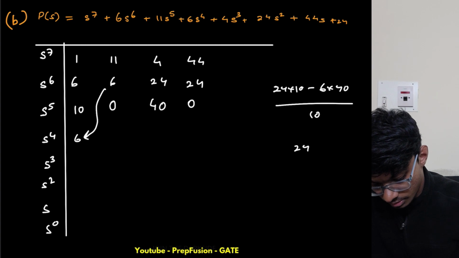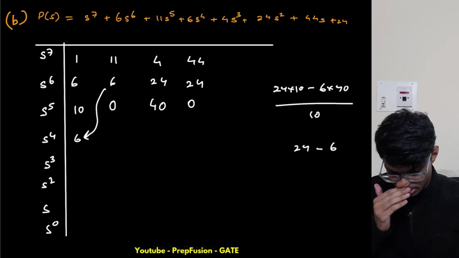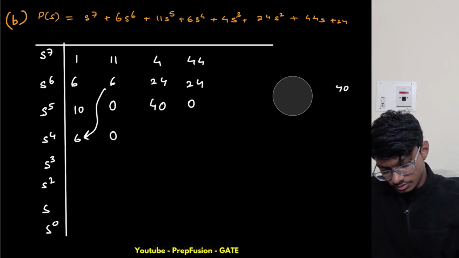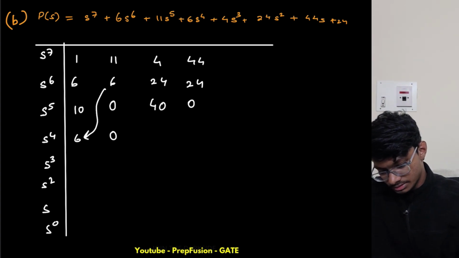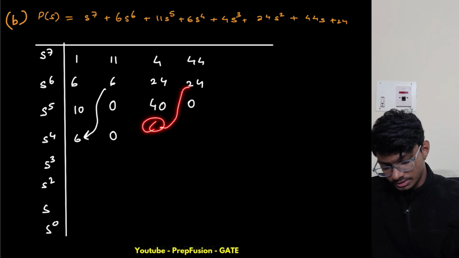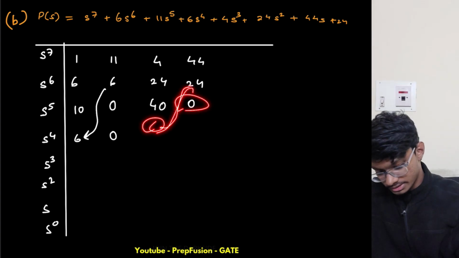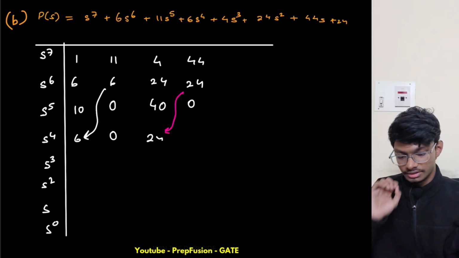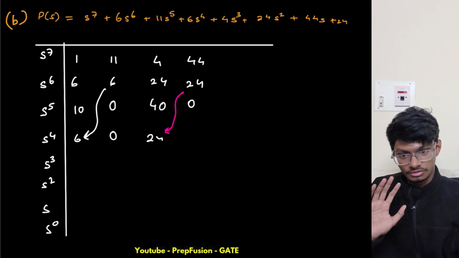So this is 24 minus 6 times 4, which is 0. So I get 0. And what is this? This one will come here, as there is 0, so I will get 24. I just showed this to explain that I used a shortcut over here.